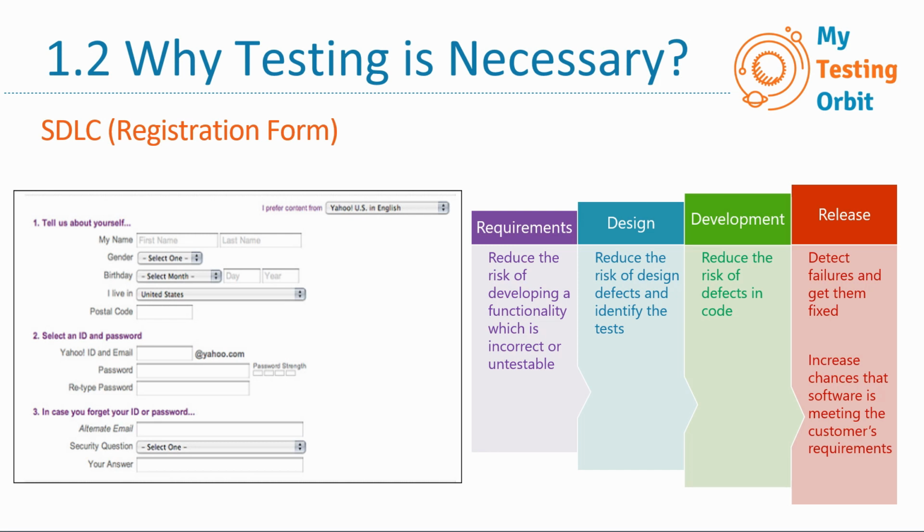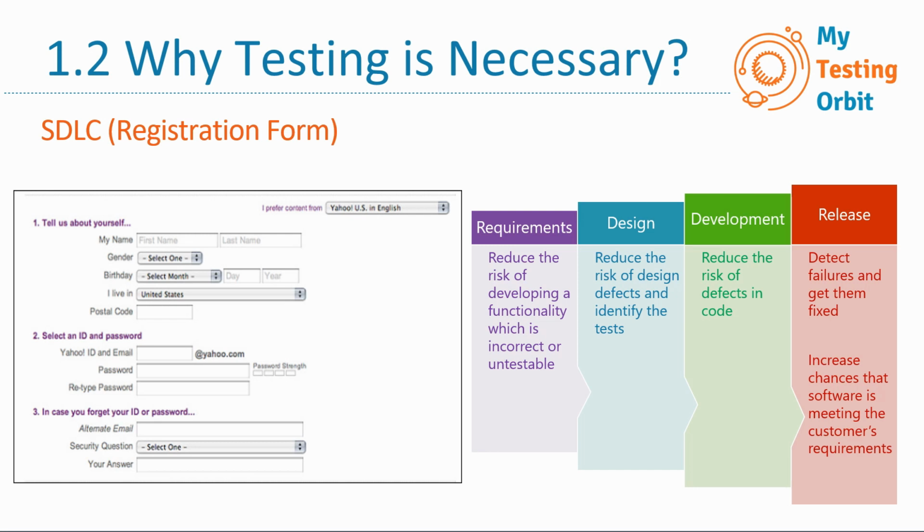Okay, so on the right hand side I have stated 4 phases from which the testing of this form will go through. So it will be requirements, design, development, and release.